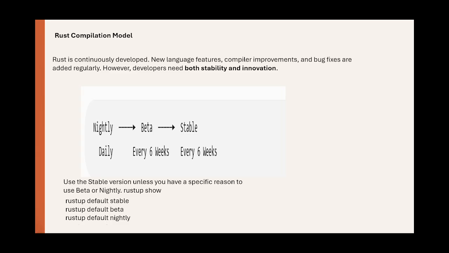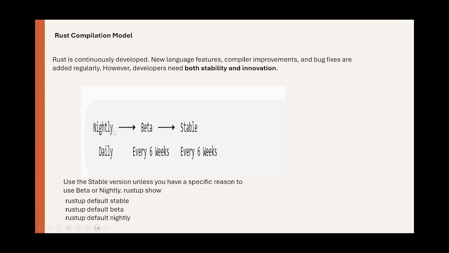When do you use nightly? Supposing the Rust team is working on a brand new feature that is not supported in the beta or stable release. It's available only in nightly and you are okay to pick up some risks because you want to verify the new feature. In such cases, you can definitely go for nightly builds.